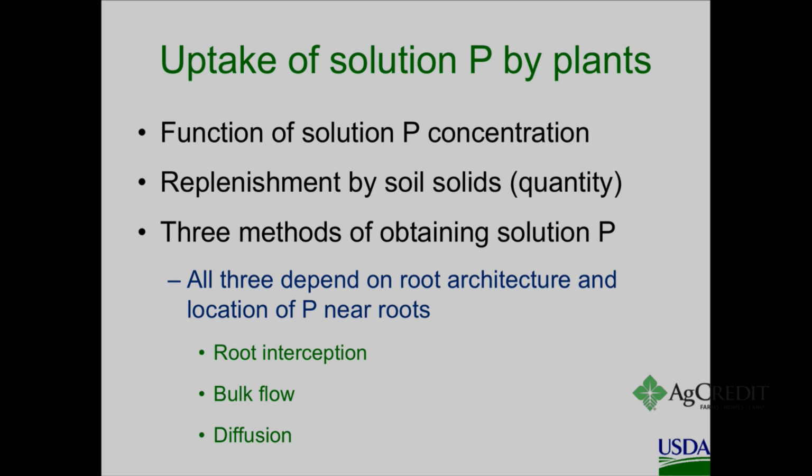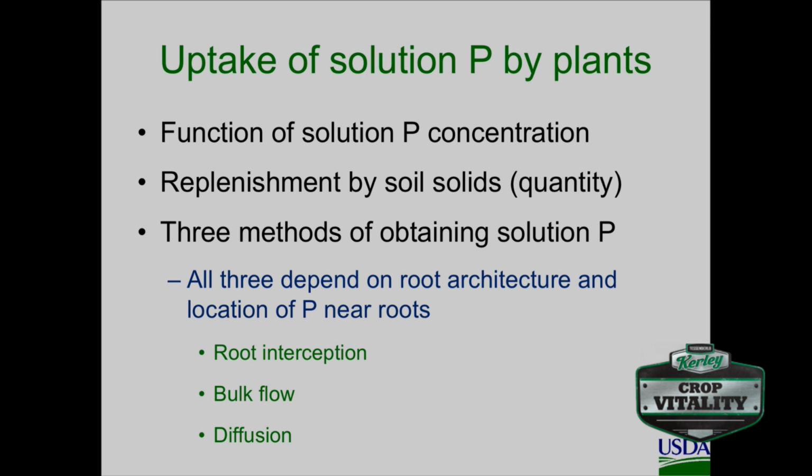And those three means of plants taking up phosphorus are root interception, which applies to any nutrient for that matter. Root interception, basically the root runs right through it, and directly in the vicinity, everything it goes through, it can take up that phosphorus in solution. Bulk flow, which is as the plant's just taking up water, whatever happens to be in solution, it's taking it up. And the last one is diffusion.